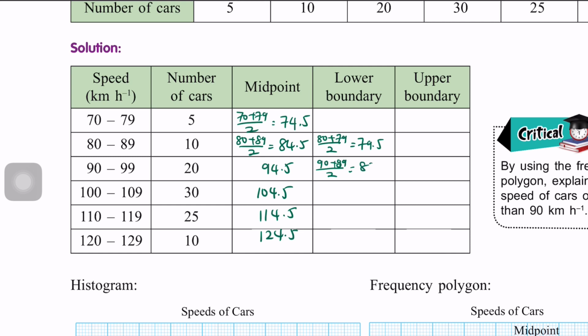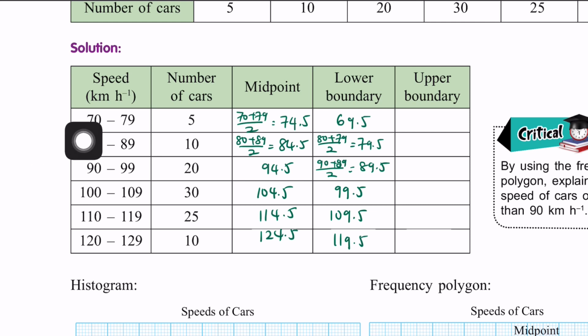So akan dapat 89.5. So nampak pattern kan, tolak 0.5 from the lower limit. Okay, so lower limit kita 100, tolak 0.5, 99.5, 109.5, 119.5. So yang ni pun sama, tolak 0.5 from the lower limit. So kita ada 69.5.